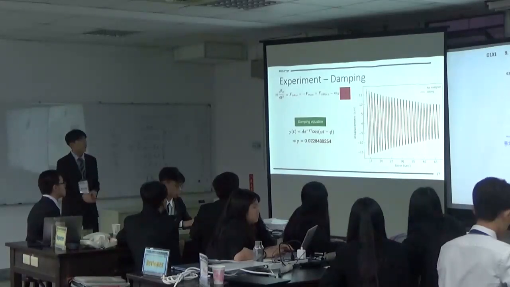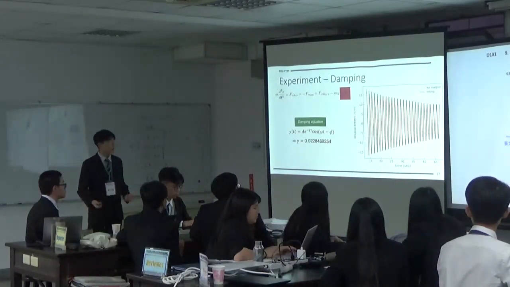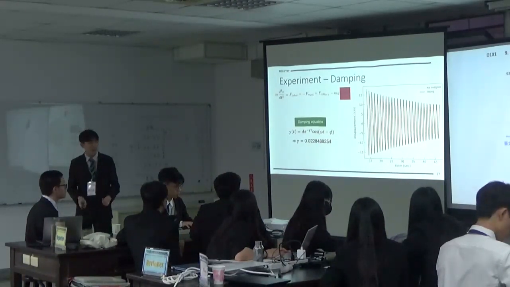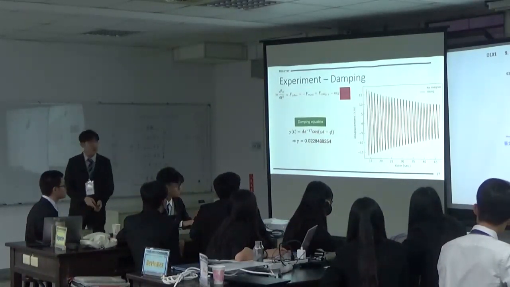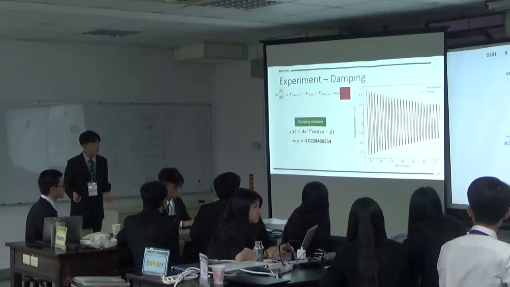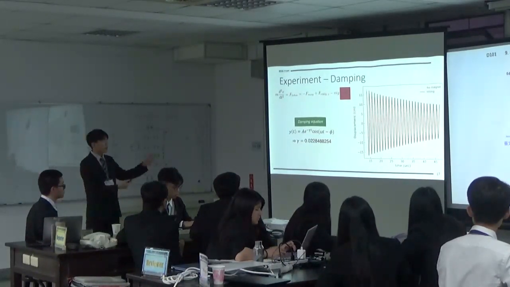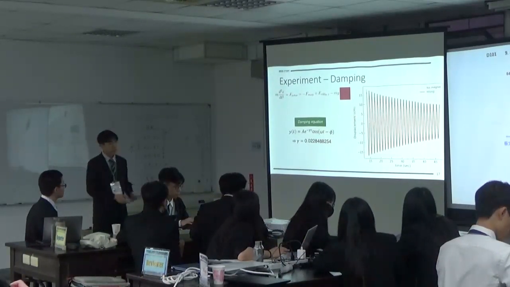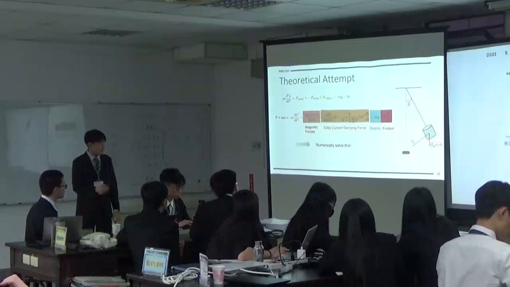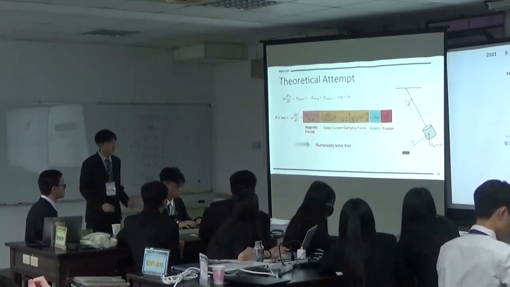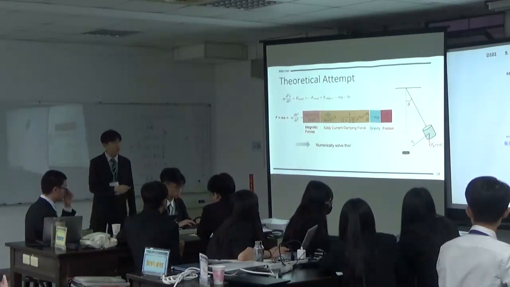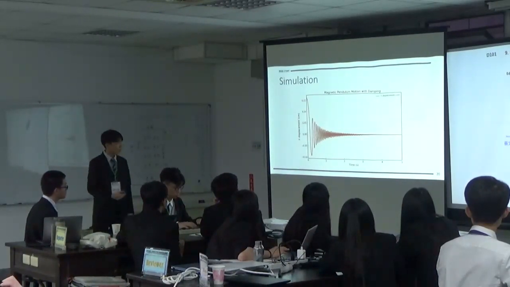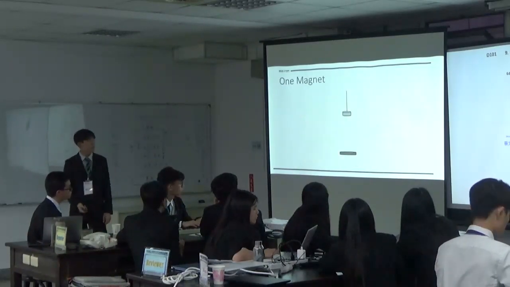Finally, for the friction and air resistance, etc., we did an experiment where there was no fixed magnet beneath the pendulum, so that we can consider all the different damping forces like friction, and we fitted a damping coefficient to our experimental data and found this coefficient. So we can use this equation to solve for our theory. Okay, so this is the result of my simulation, which we'll discuss later.